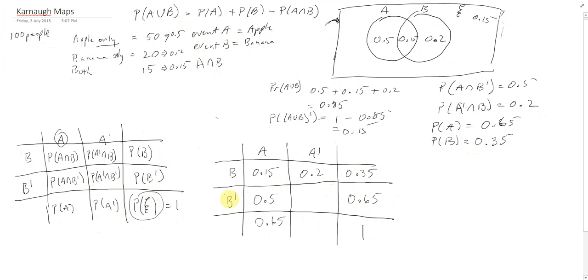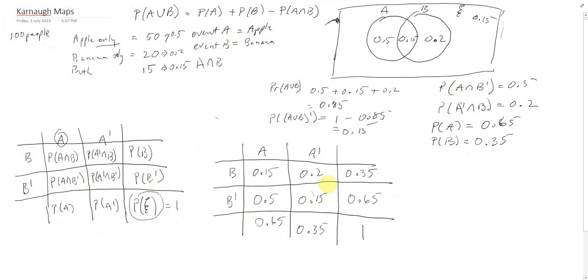So probability of not getting a banana, 0.65. And here, something plus 0.65 gives 1, so that has to be a 0.35. So probability of not having an apple, 0.35. And in the center piece here, 0.5 plus something is 0.65, so that has to be a 0.15, which also makes sense going down. So we've filled it in, we've found all the possible probabilities we could ever want.